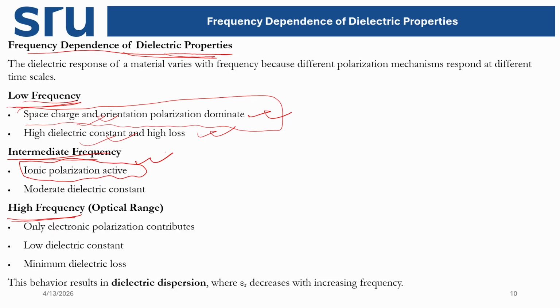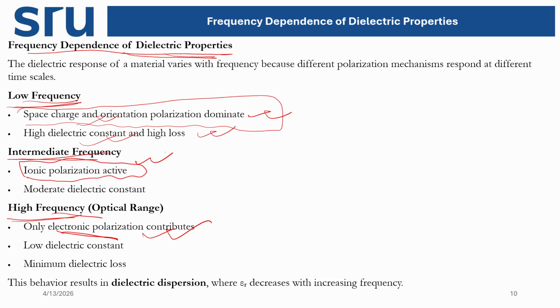Then at high frequencies, we observe electronic polarization. Inside the molecules, electrons are surrounded by the nucleus. Then the electron cloud shifts, and due to this shifting there will be polarization. It is called electronic polarization, observed in the high frequency region.